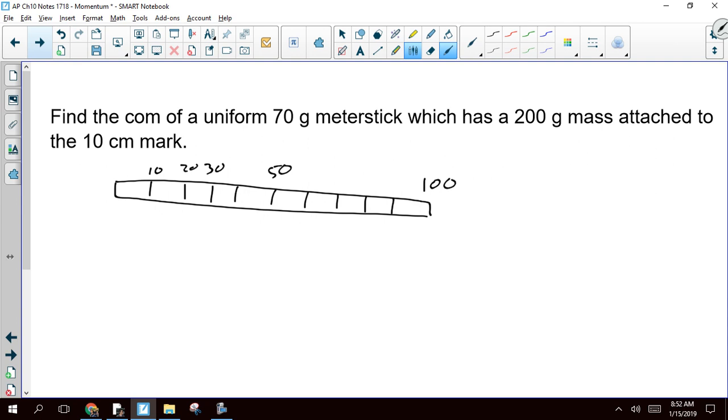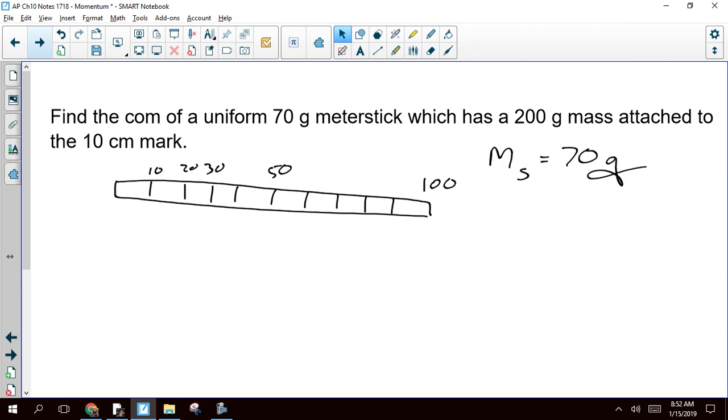So what we've got is a meter stick with a mass of 70 grams, and then we're going to take a 200-gram mass and attach it right there, at 10 centimeters.